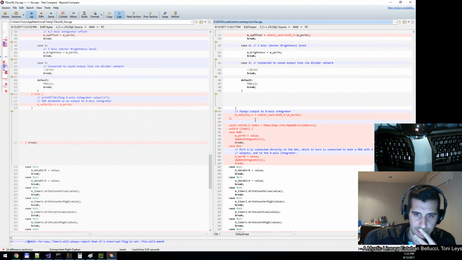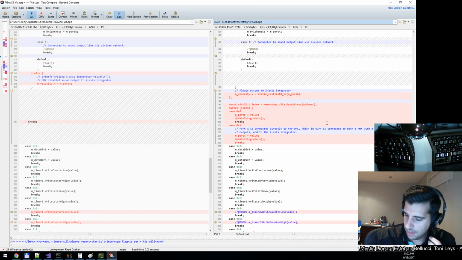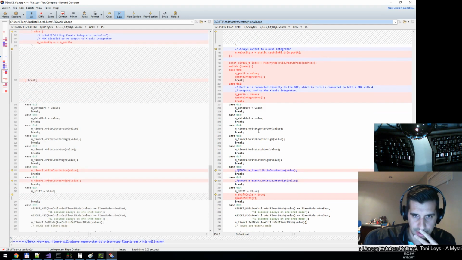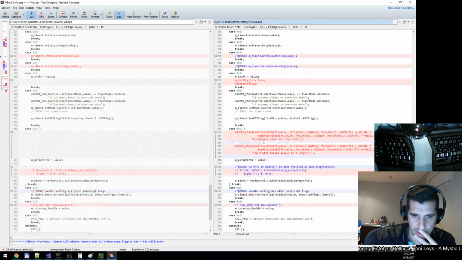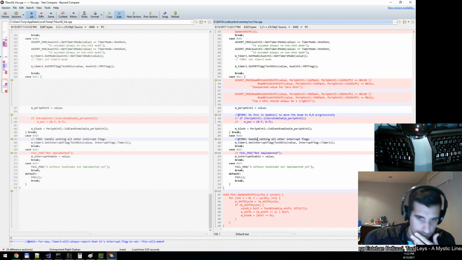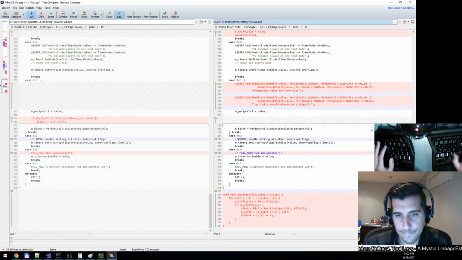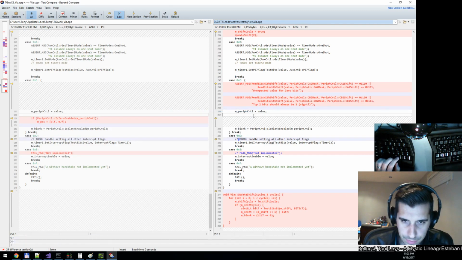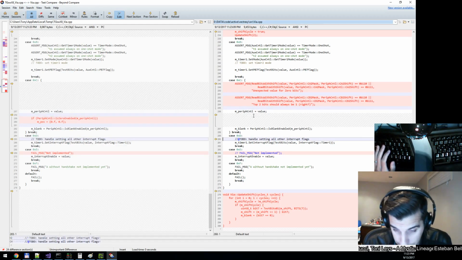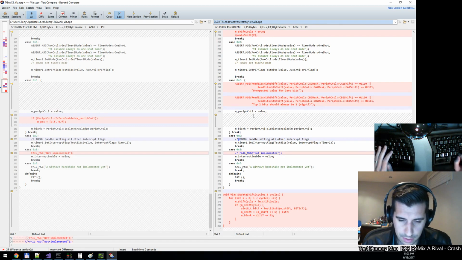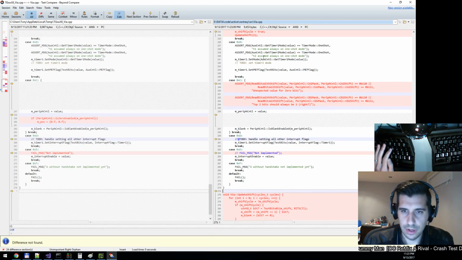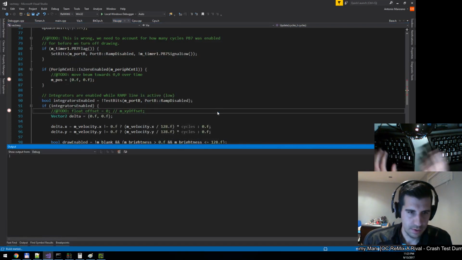Oh yeah, clean that up. App address. No, this is gone now. Okay. Make sure that builds again.